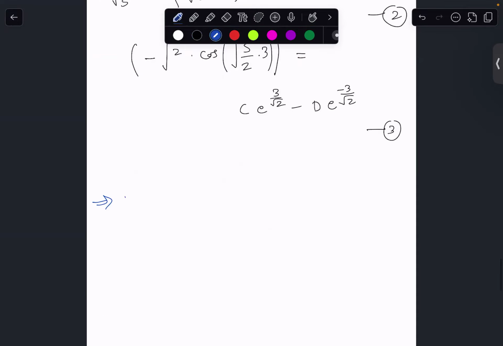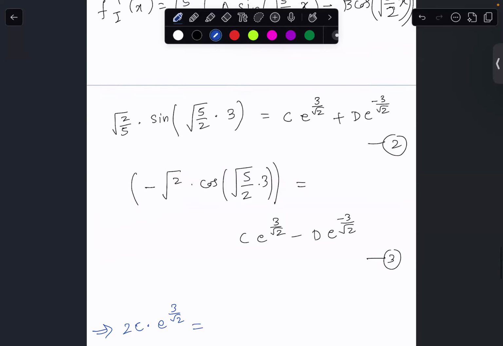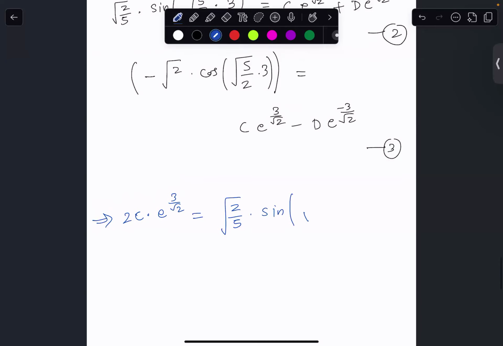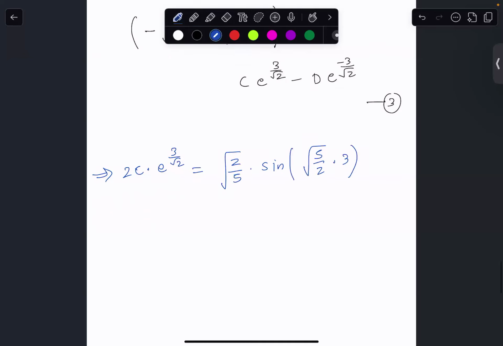So I see that 2c times e to the power 3 upon square root of 2 equals square root of 2 upon 5 sine of square root of 5 upon 2 times 3 minus square root of 2 cos of square root of 5 upon 2 times 3.